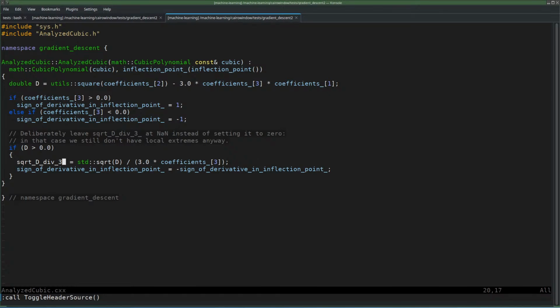Interesting. And that sign also influences the sign of this thing, which is only negated here. So the sign is being toggled if this sign is toggled. I don't have to use it anymore.